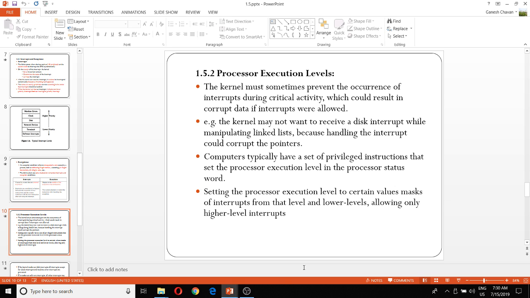Computers typically have a set of privileged instructions that set the processor execution level in the processor status word. Setting the processor execution level to certain values basically masks the interrupts from that lower level, allowing only higher level interrupts.